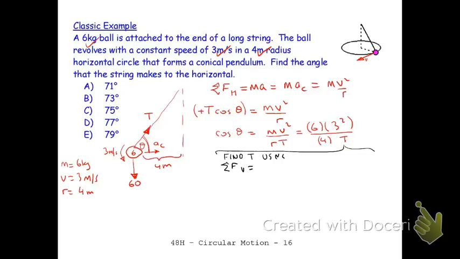So does sum of the forces equal 0 or sum of the forces equal ma? Which is it? Why does the sum of the forces equal ma horizontally? What about that diagram tells you the sum of the forces equals ma horizontally?